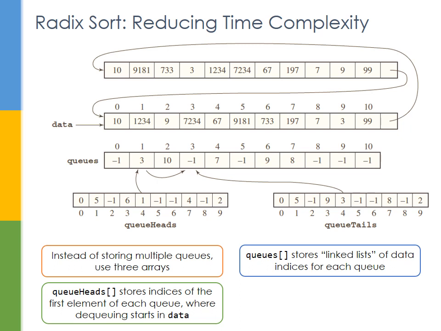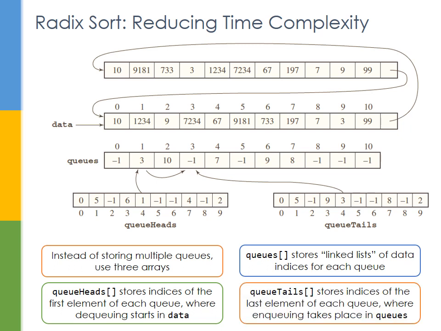It's actually a simulation of linked lists by means of indices that are stored within arrays, as we'll see in a moment. Then the queue tails array stores indices of the last element of each queue, and this is where enqueuing takes place in the queues array.